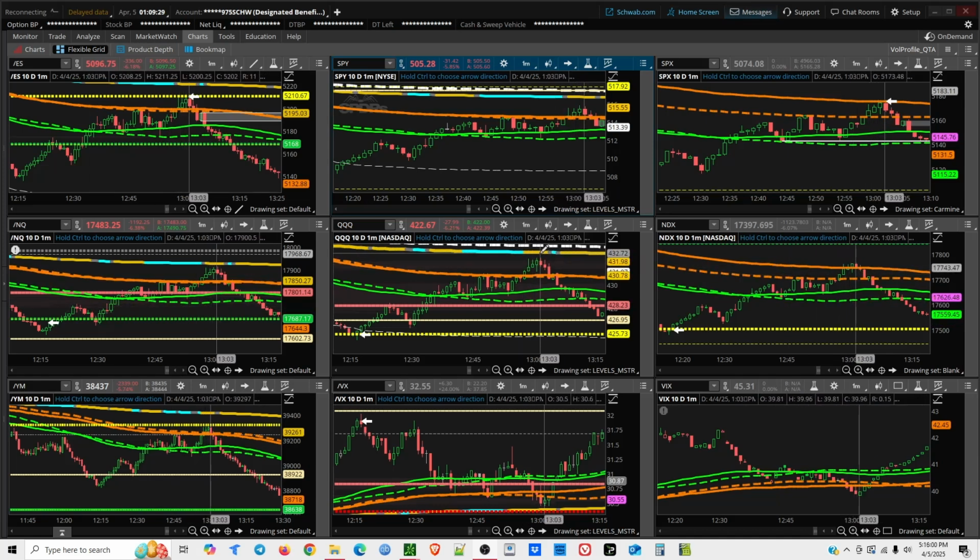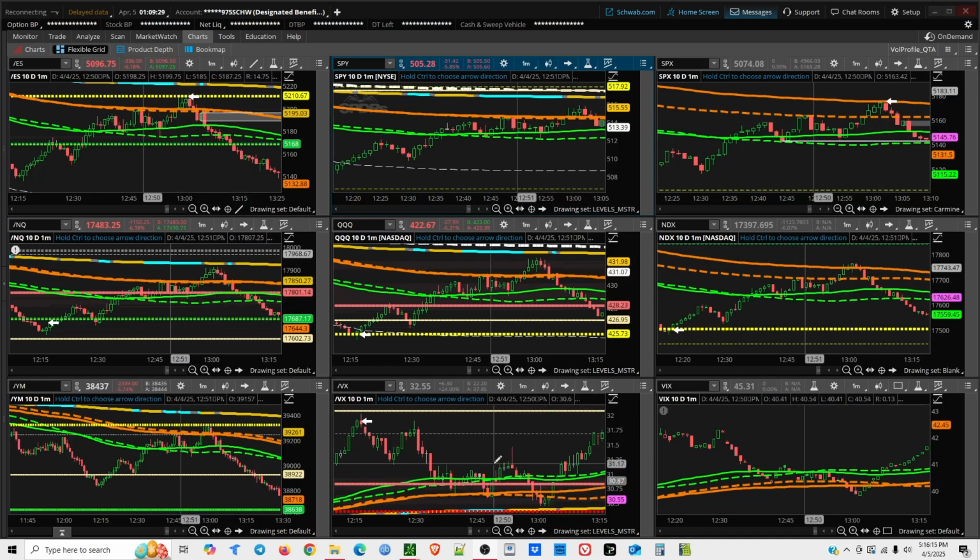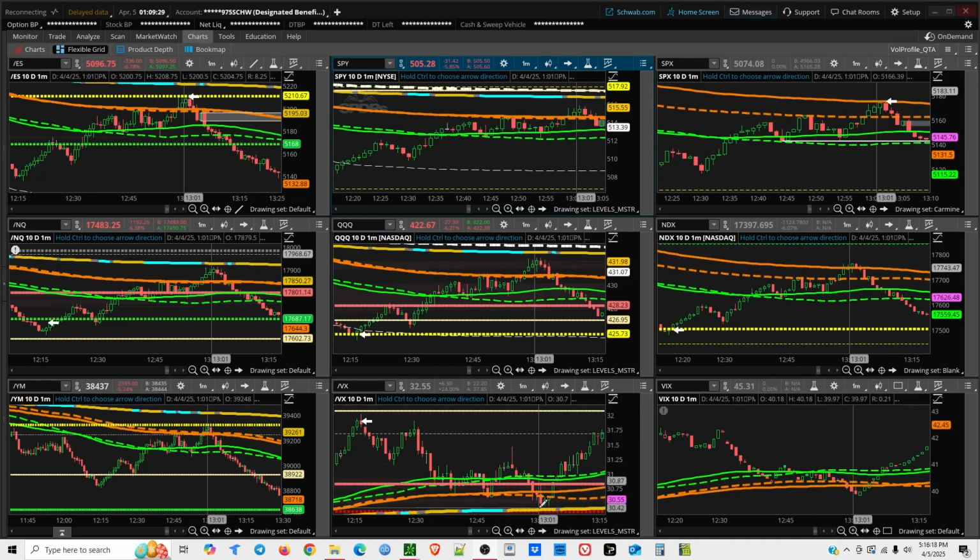Qs were almost touching intraday VWAP, NQ was almost touching its intraday VWAP, and VIX was just slightly away from its pivot point and intraday VWAP. And when this touched this line, that's when I took a short. Now, was it a preemptive short? Yes, it was preemptive because a lot of people will front run their trades.